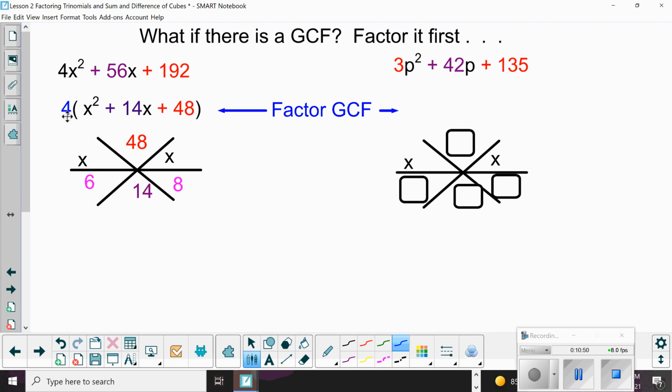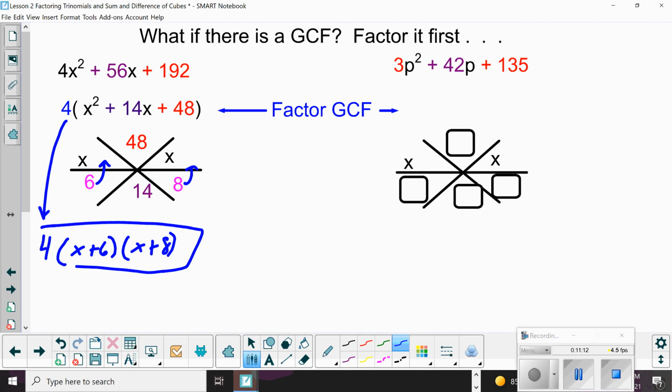Your final answer, you have to bring the greatest common factor down, and then you do bottoms up with these, and so you have x plus 6 and x plus 8. You have to provide all 3 factors, okay?